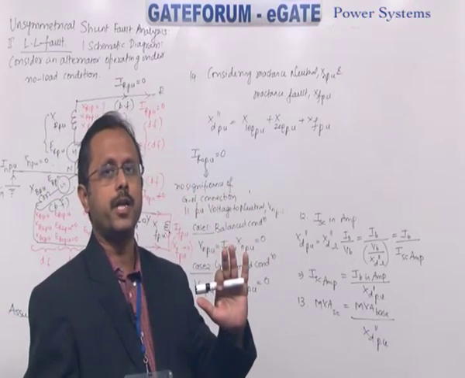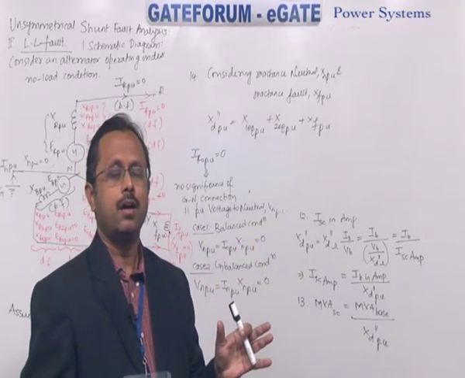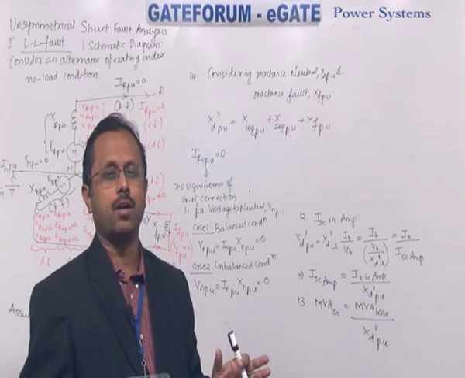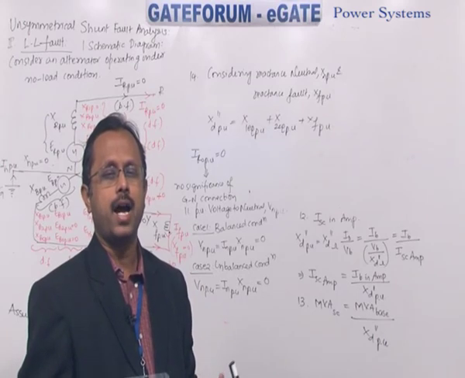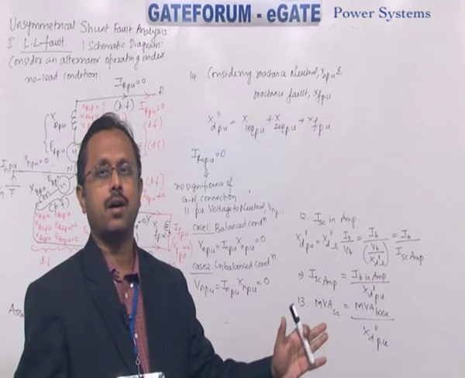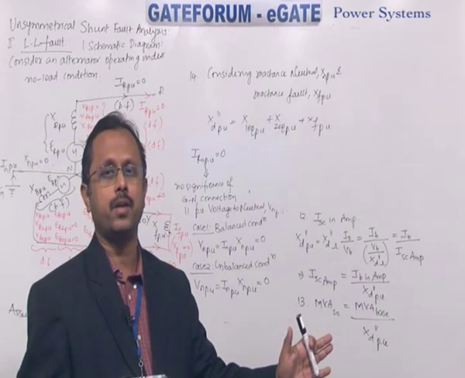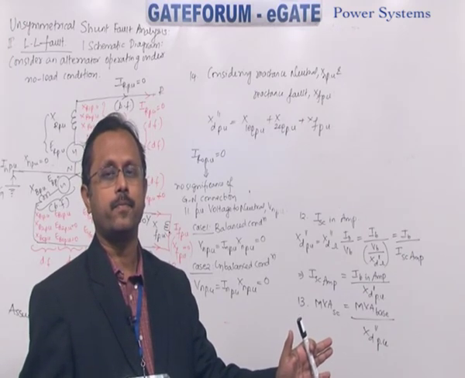Now two important points please. First, we discussed the LG fault. For faults involved with ground, what have we added? We have added 3Xn per unit and 3XF per unit in the expression of X0 equivalent per unit.